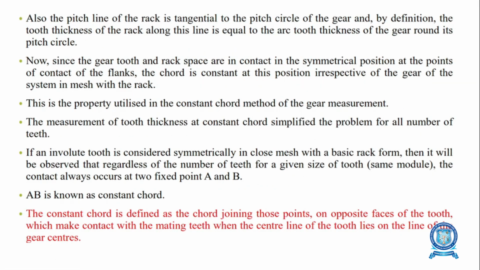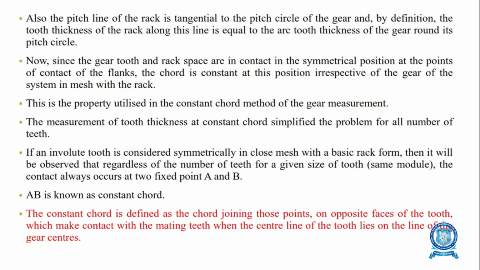Since the gear tooth and the rack space are in contact in the symmetrical position at the points of contact of the flanks, the chord is constant at this position irrespective of the gear of the system in mesh with the rack. So this is the property utilized in the constant chord method of gear measurement.